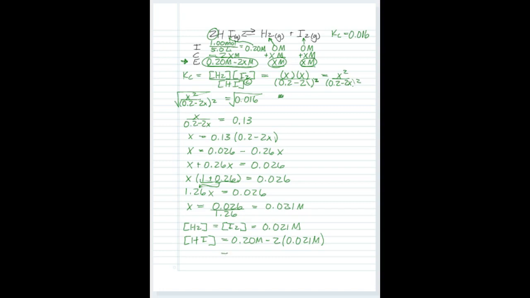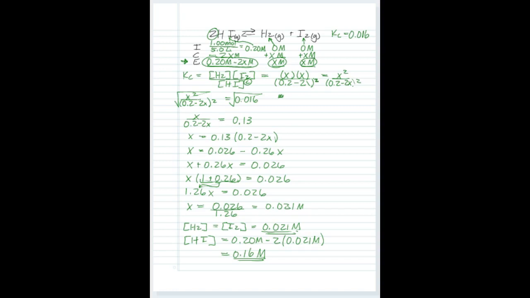Okay, and so that ends up being 0.16 molar. Okay, so that's my equilibrium concentration. That's my equilibrium constant. I can't even say it. That's my equilibrium composition. I have 0.021 molar H2, 0.021 molar I2, and 0.16 molar HI.